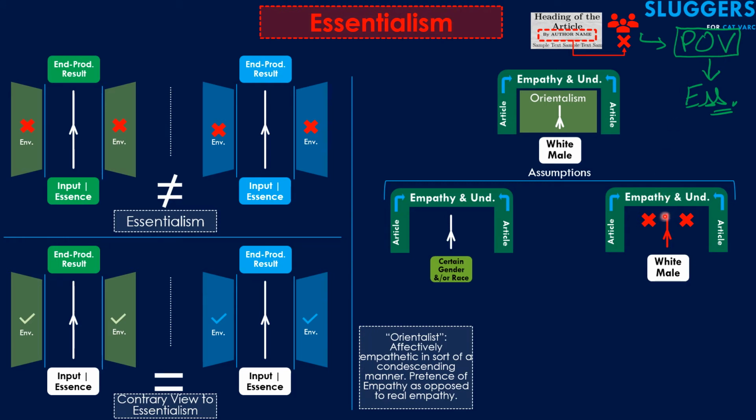Now, the way the author has regarded this point of view and these assumptions as a case of essentialism is by saying that this point of view basically assumes that at a very fundamental level, at the level of essence and input, without bringing in any environmental factors, at the very initial, inherent and core level, a white male is different from a person of a different gender or race, and that's the reason why they cannot demonstrate real empathy and understanding, and these people can.